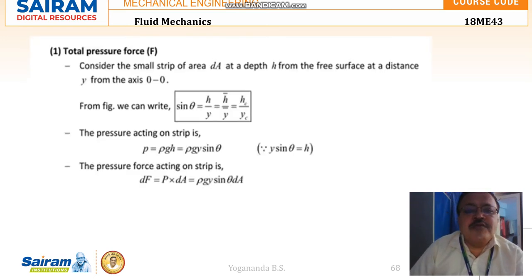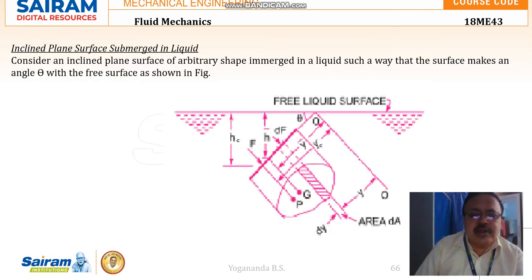Now the total pressure force F. We are considering a small elementary area dA at a distance y and thickness dy. Now consider the small right angle triangle here, with the angle theta.